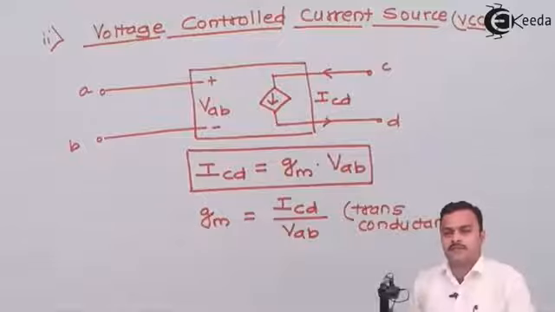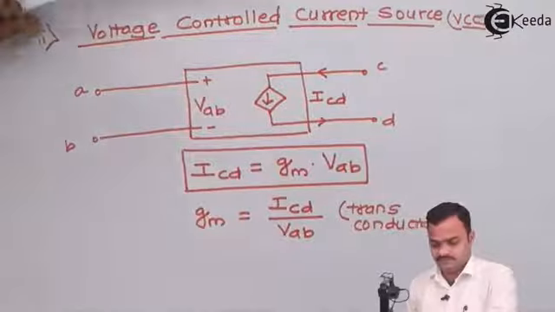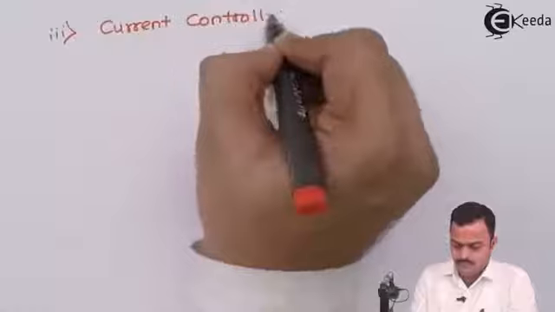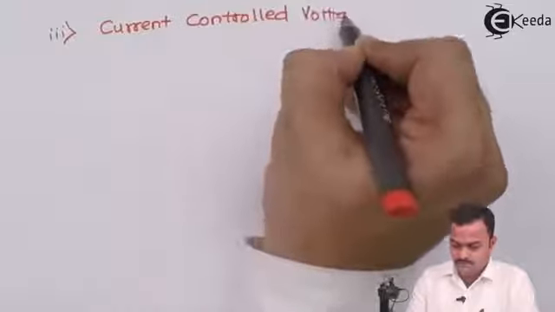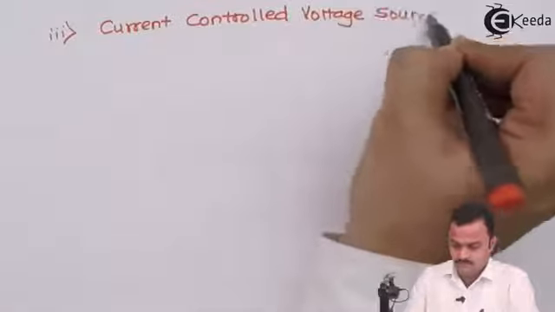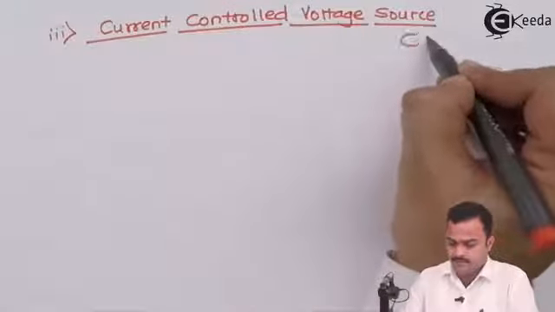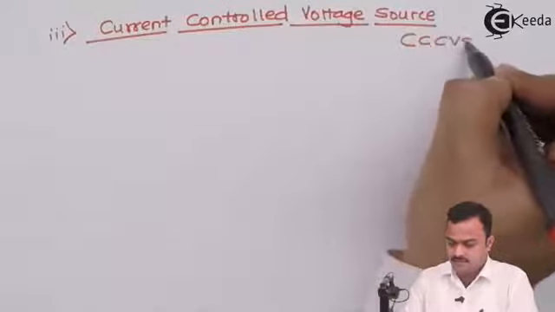Let's go ahead with the third classification, that is the current controlled voltage source, which can be considered as CCVS.